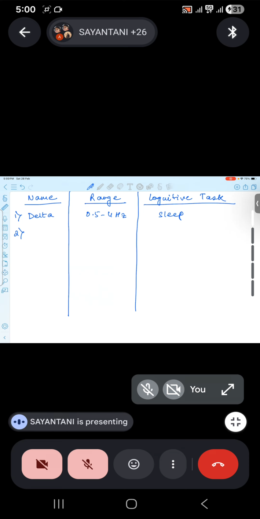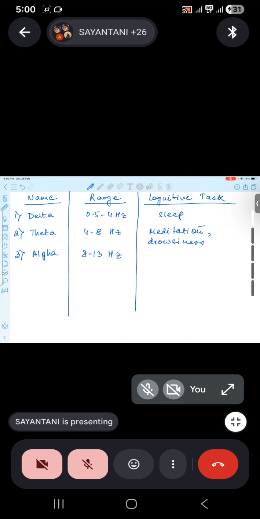Second is theta. The range is 4 to 8 Hertz. This happens when you are meditating, or you are feeling drowsy. The third category is your alpha band, which is 8 to 13 Hertz, and this is during some amount of mental processing.